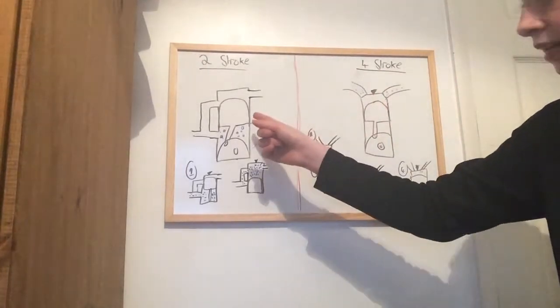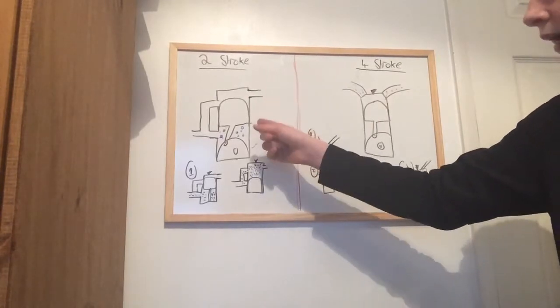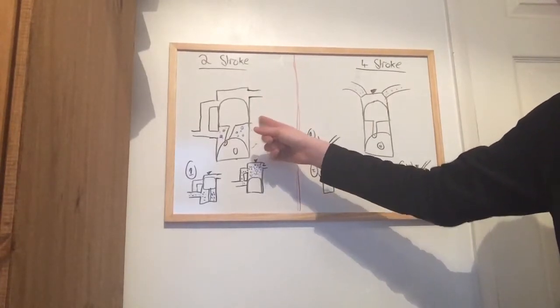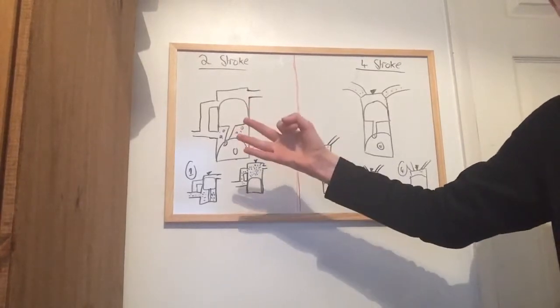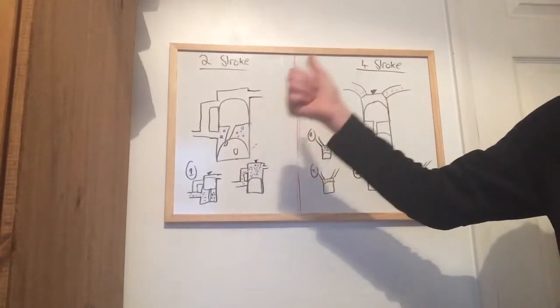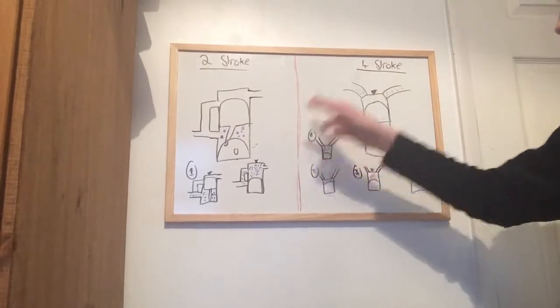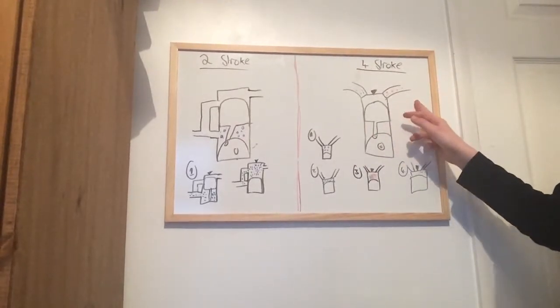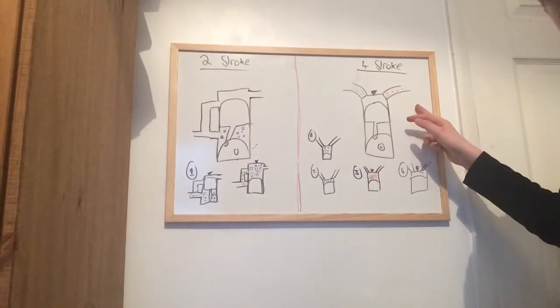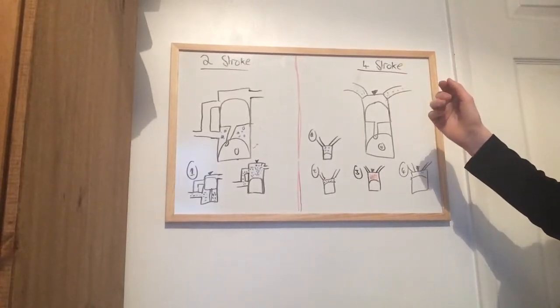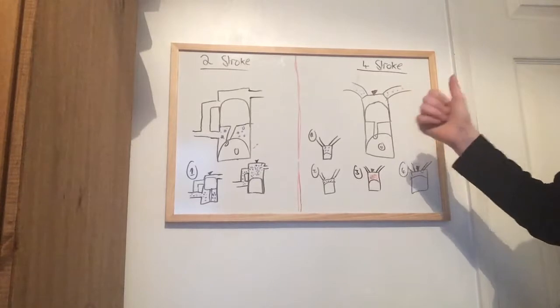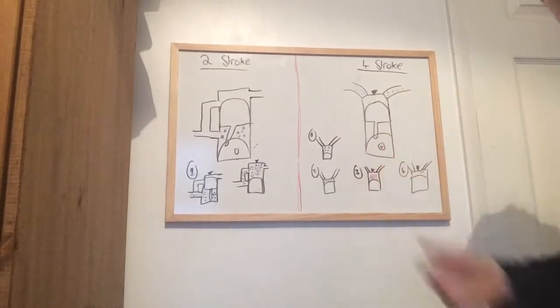Around 70% of the potential energy in a two-stroke engine is converted into power. That means 30% is wasted on either heat or friction. However, four-stroke engines have 90% efficiency, meaning 90% of the fuel actually gets used properly, and only 10% is lost as heat and friction.